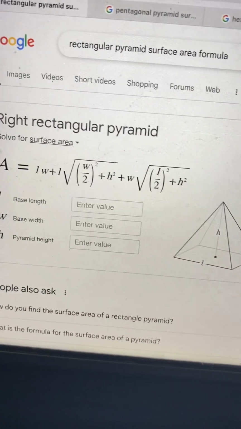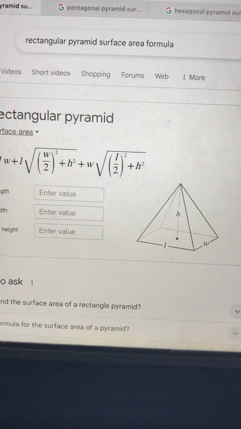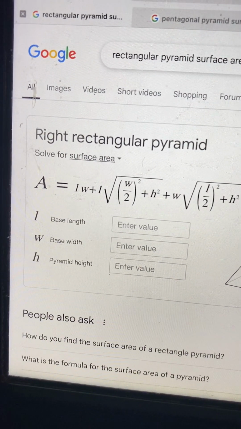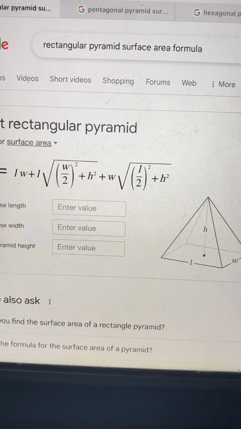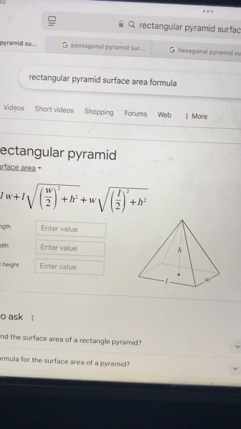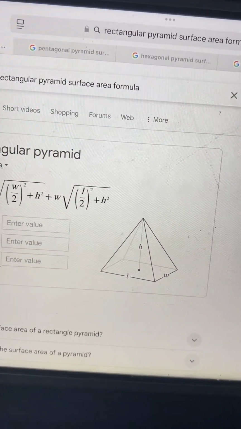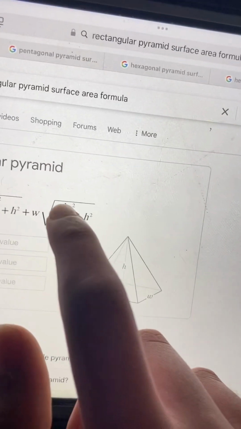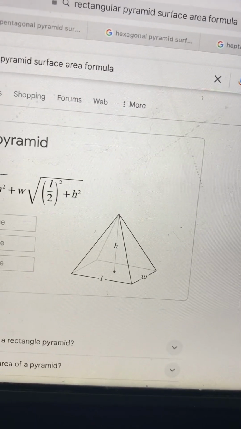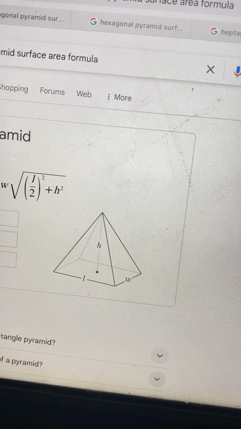Then for a rectangular pyramid, whoa, this is a long and complex formula. The surface area of a right rectangular pyramid is LW plus L times the square root of (W divided by 2) to the power of 2 plus H squared, plus W times the square root of (L divided by 2) to the power of 2 plus H squared.